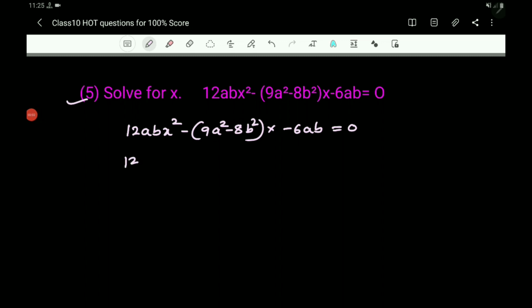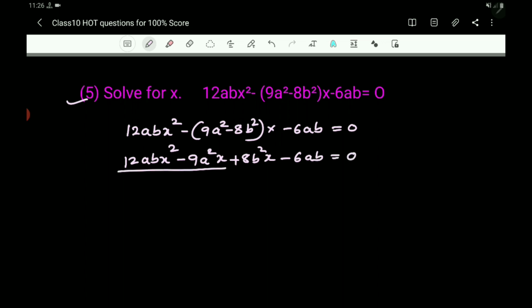Write this 12ab x square as it is, and here you open the bracket, it becomes minus 9a square x and minus into minus plus 8b square x, because these two terms must be multiplied by x. Minus 6ab equals 0.